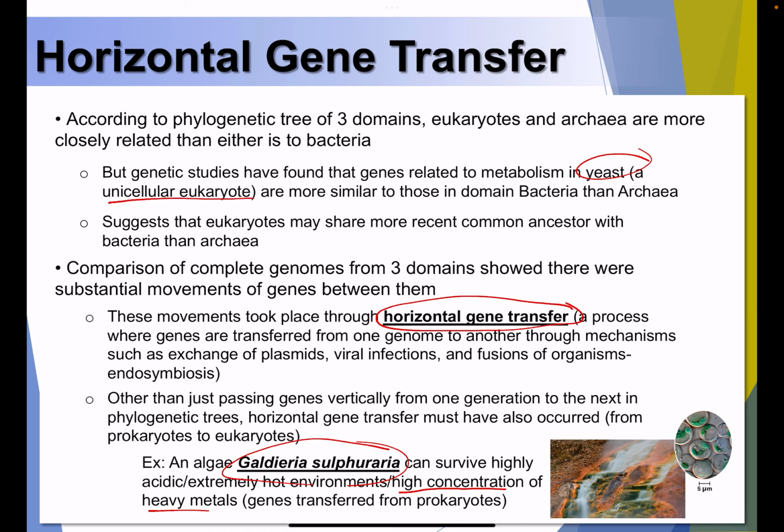So these are environments that, like I said, most things, not only algae, come to think of it, cannot live in. Researchers have found that these specific genes that this algae has were transferred from prokaryotes and have enabled this species of algae to thrive in such extreme habitats.